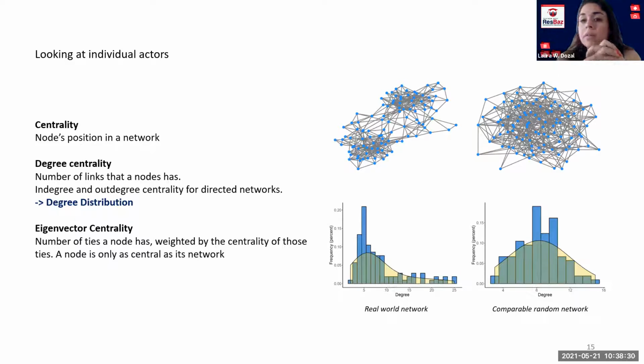Similar to intro stats, real world distributions are usually skewed, like here where we have the network splitting off into two clusters, whereas random network distributions are more similar to a normal or Gaussian curve.